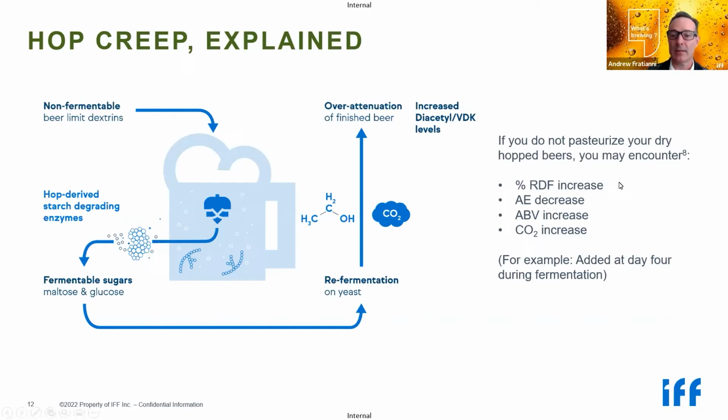The other things you'll get, and you're probably aware of this with hop creep, potentially you get an increase in fermentability or RDF. So your AE, apparent extract, will go down. You can look at a potential increase in alcohol in package and CO2 as well. And so what we have found here, and it's really the craft brewers who are out ahead and doing the research and the practical application, they have found that they need to add ALDC again when they're dry hopping.